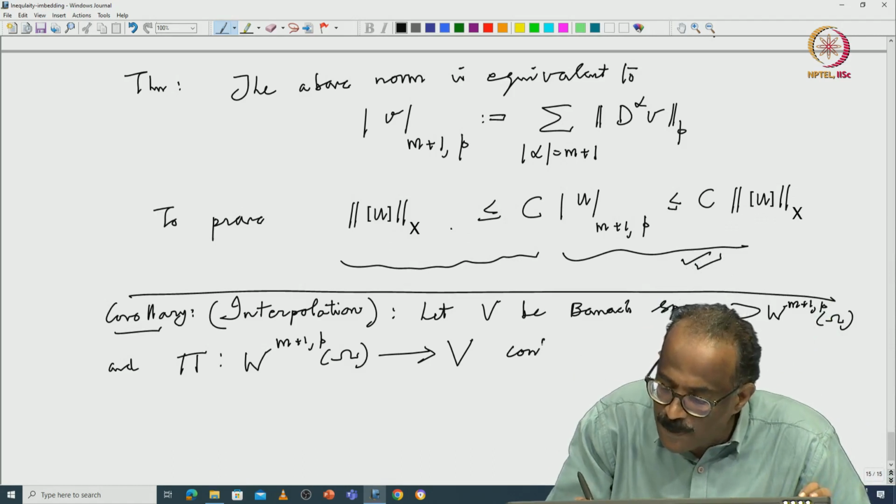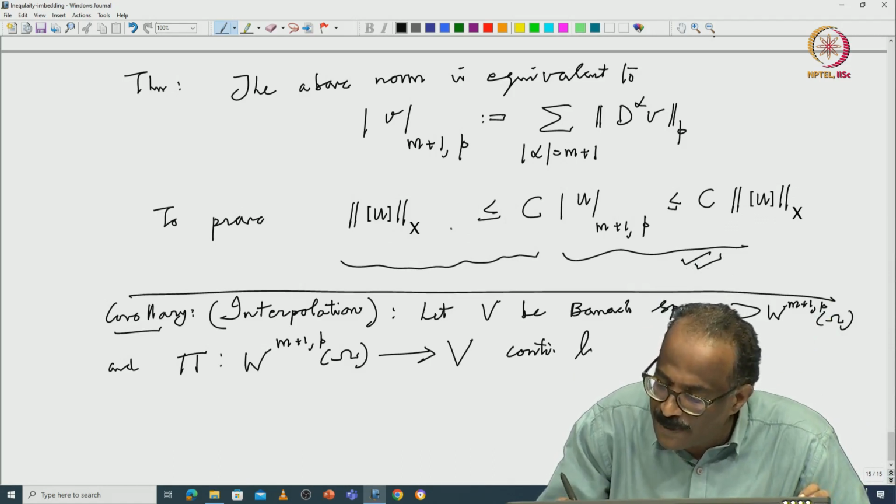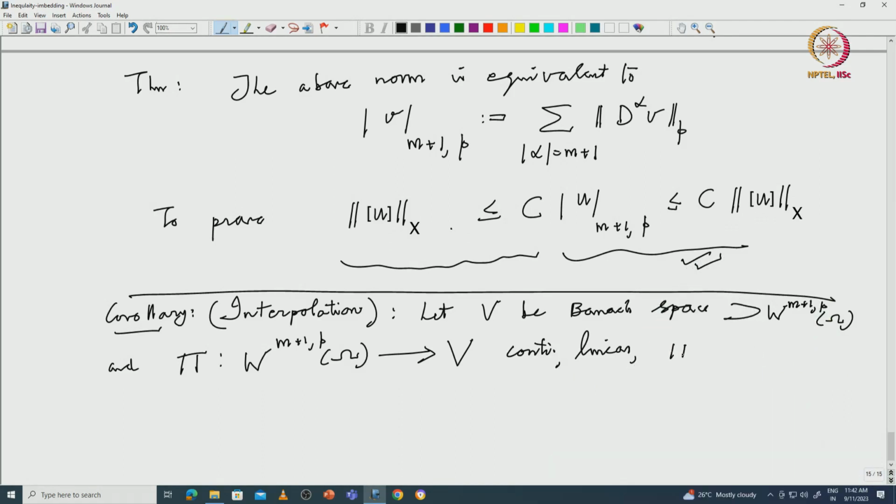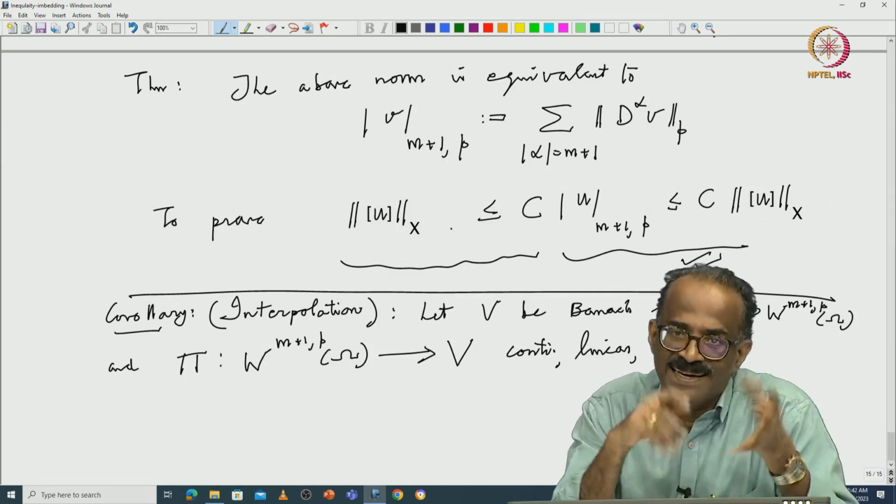Continuous, linear, and it fixes P m elements. That means when you have a polynomial, many of these tricks will study, even when you do a numerical approximation, deriving numerical computations for the integral.